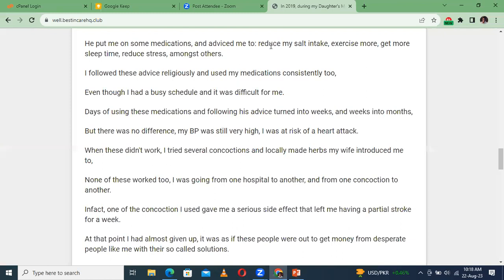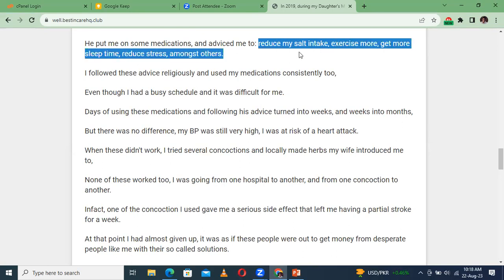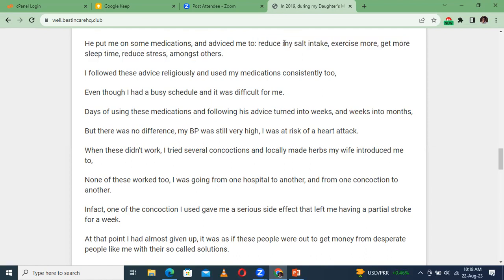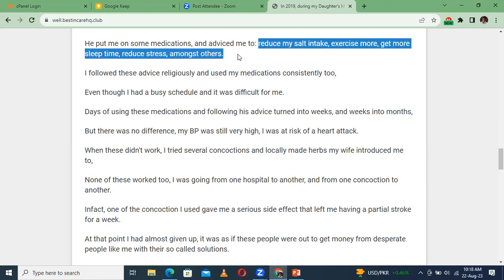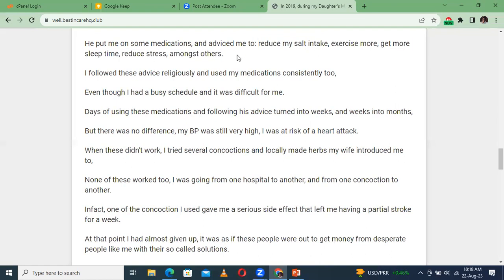So let's continue. He puts you on some medication and advises you. Anybody that has high blood pressure will be able to connect with your story or anything you're writing about. Reduce salt intake is something common they tell people with high blood pressure.